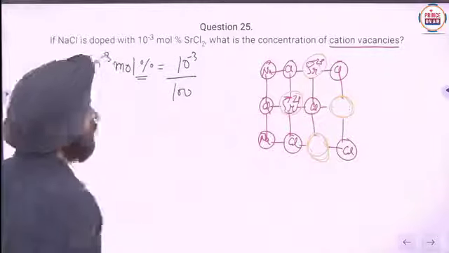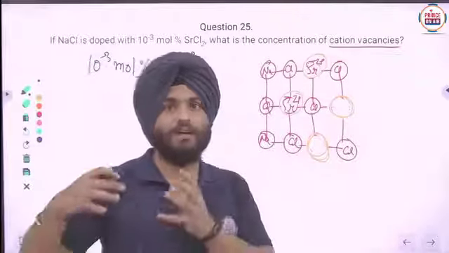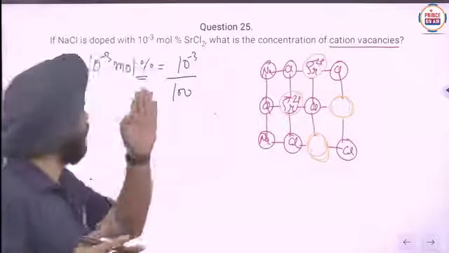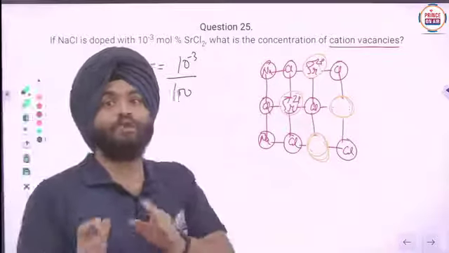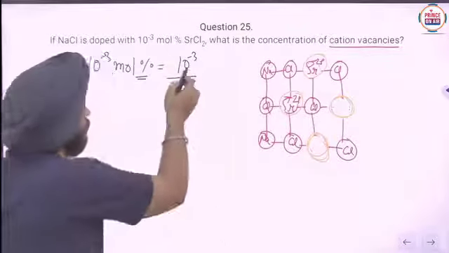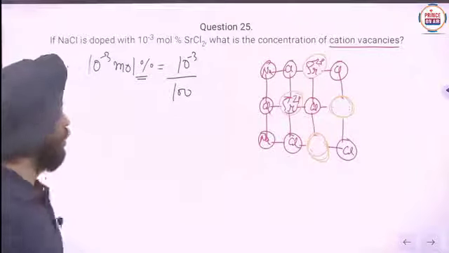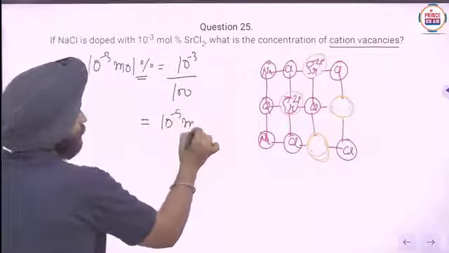So if you have a total of 100 moles, then from 100 moles, 10 raised power minus 3 moles will be the amount. Total it will come out to be 10 raised power minus 5 moles.